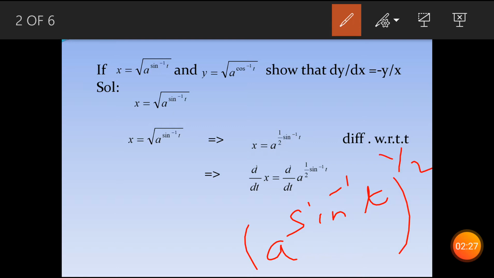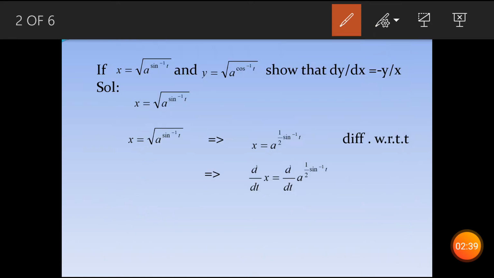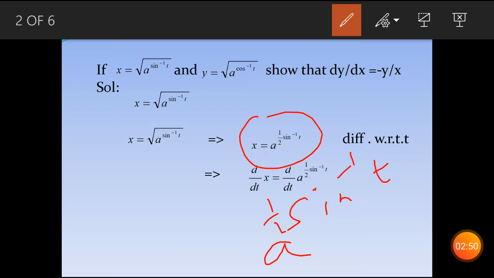As you know the rule of the power, that if there is a to the power m to the power n, then we can write it as a to the power mn. It means powers are multiplied. So we are going to use that power rule. So a power sine inverse t, and that half will be multiplied, so half will come here. This is what I wrote here, just using the power rule.